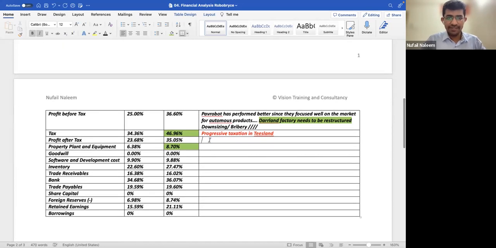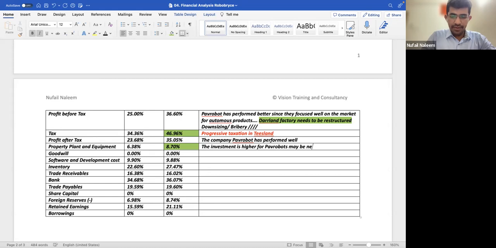So profit after tax, once again, the company Pavrobot has performed better. So in this case, from a numbers point of view, the performance is good for Pavrobot. Okay, now property, plant and equipment, students, the investment is higher for Pavrobot.